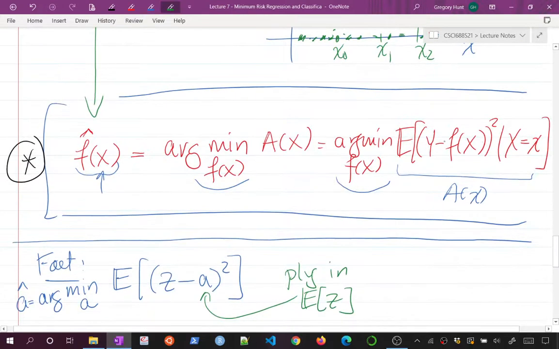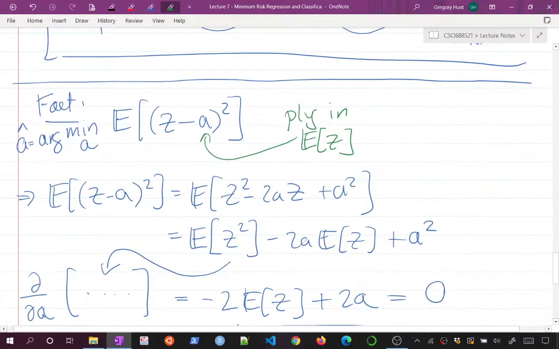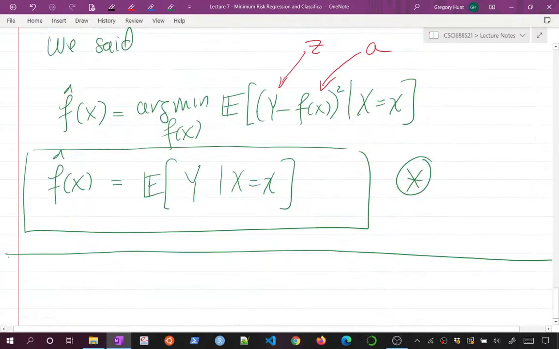And it turns out, because we're using this squared loss, that by a similar argument to this, if we want to minimize the squared loss conditional on x, the optimal thing to predict at x is the conditional mean of y given x.